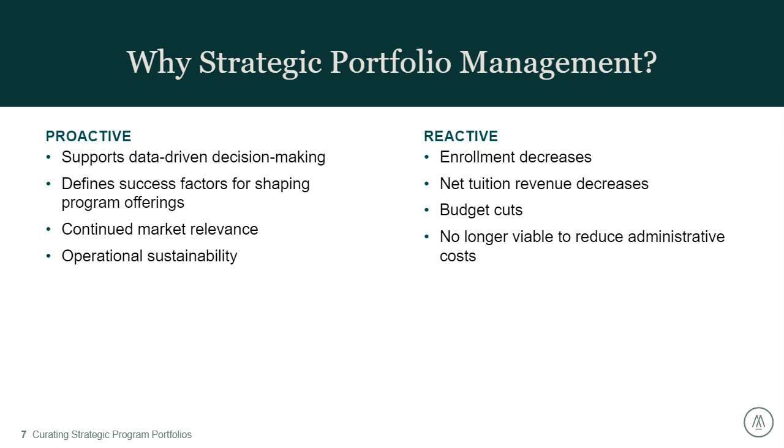Reactive institutions typically have enrollment decreases, so they're trying to figure out what to do to change that trajectory. Enrollment decreases lead to net tuition decreases, budget cuts, and then it's no longer viable to reduce administrative costs.